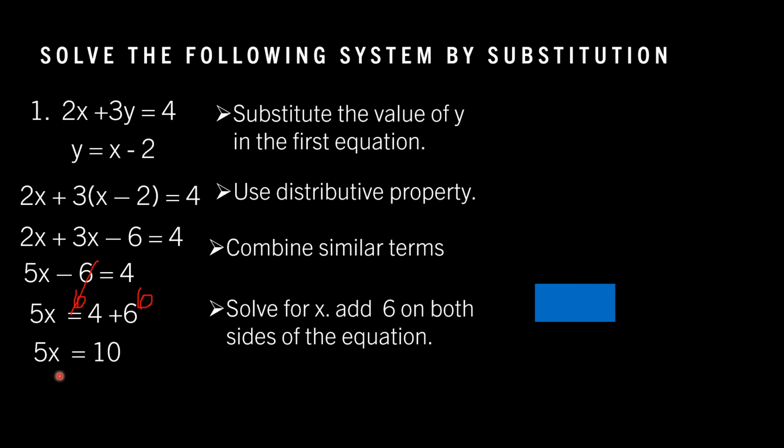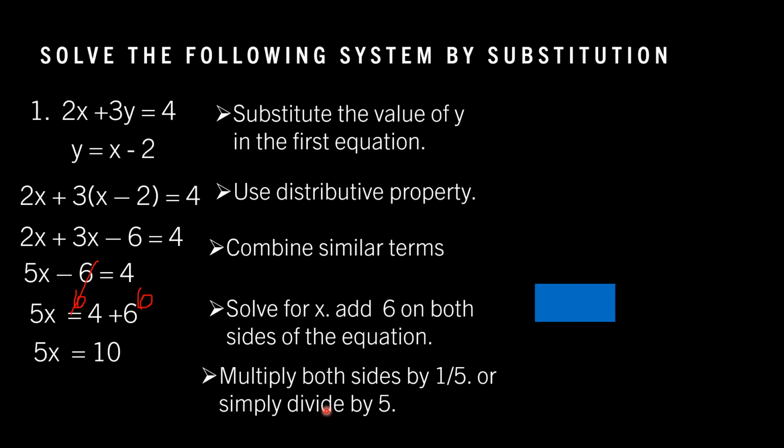So, simply, pwede mo siyang i-divide sa 5 direct. But the property there is multiplying by 1/5, the reciprocal of the numerical coefficient of x. Okay? Multiplying both sides by 1/5. But multiplying both sides by 1/5 is just simply dividing by 5. So, ayan.